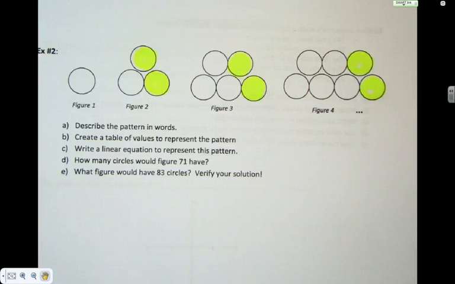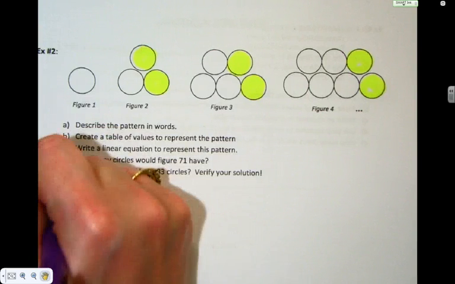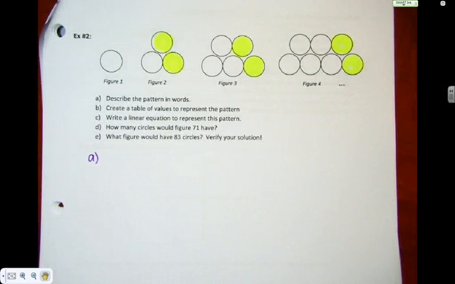Write down the pattern in words. You need to have something about the word adding.